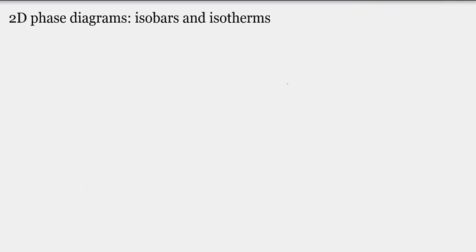Cool. So we talked about isotherms and isobars already. I just wanted to emphasize two more things, and I promise we'll get off the subject of these phase diagrams because they tend to be pretty dry. Oh, no pun intended.